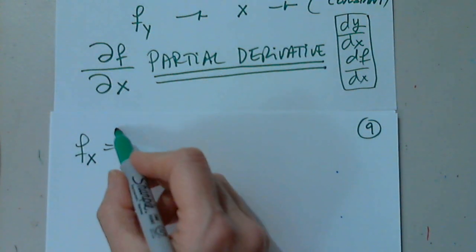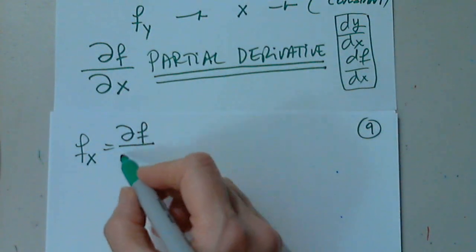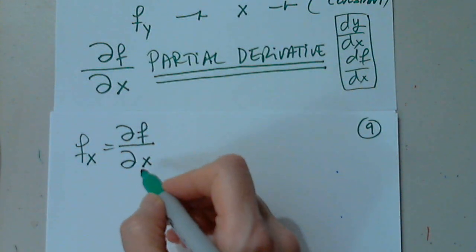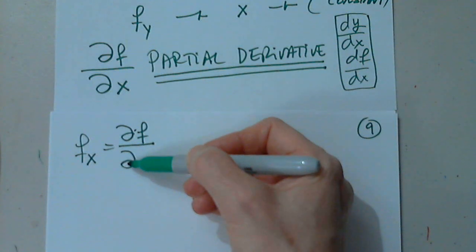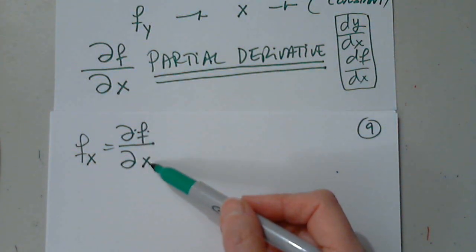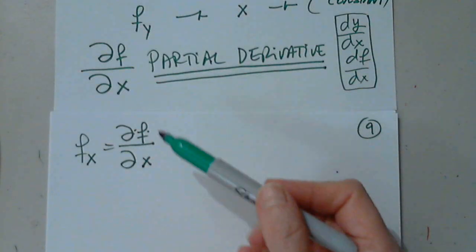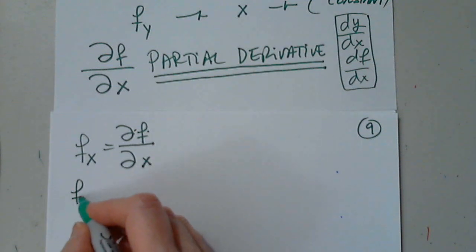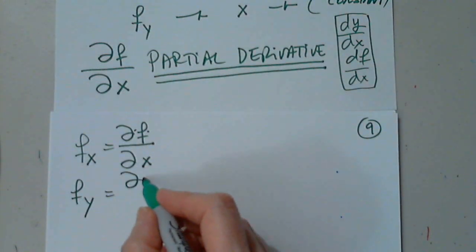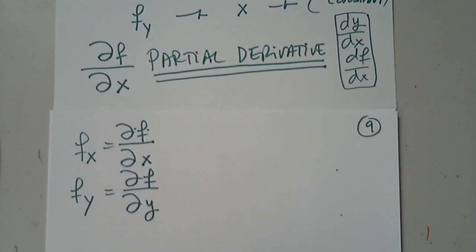Fx is the same as the first partial derivative of f with respect to x. This symbol signifies the fact that f is not a function of x only, but it's a function of x and another variable, in this case y. So fy is the partial derivative of f with respect to y.